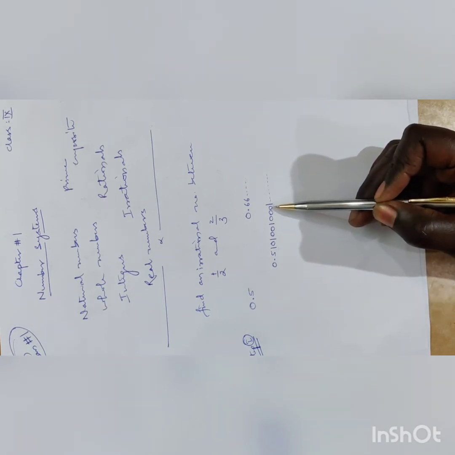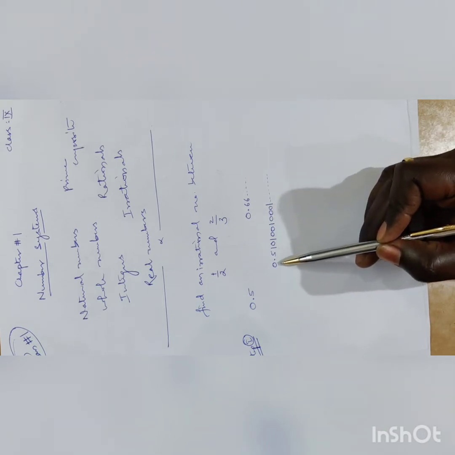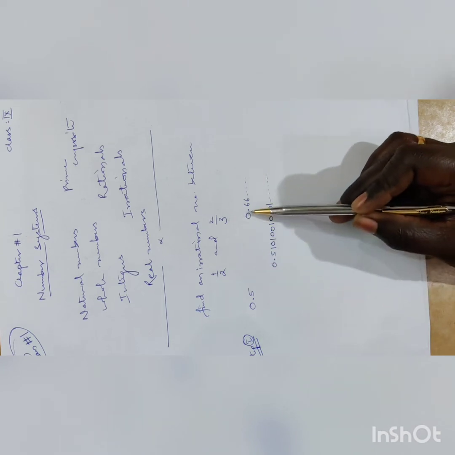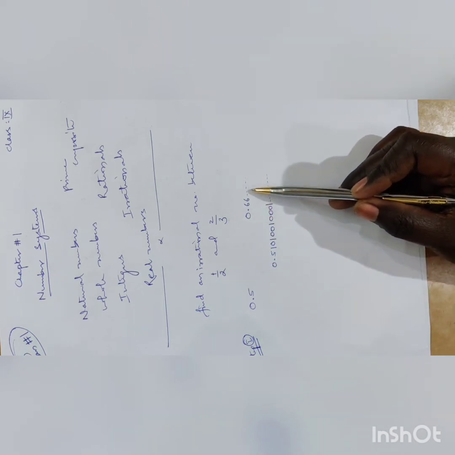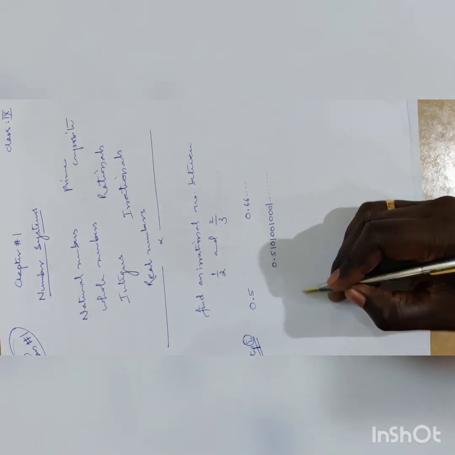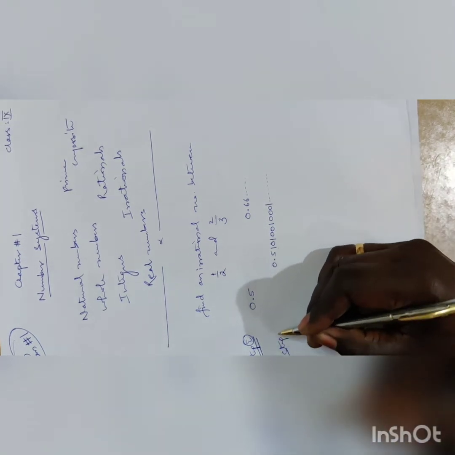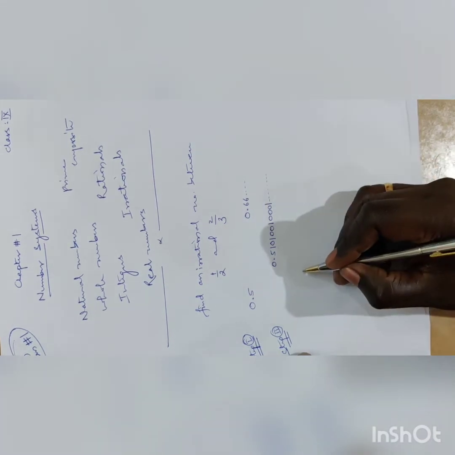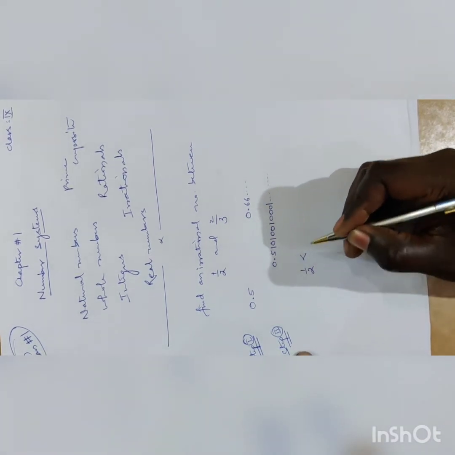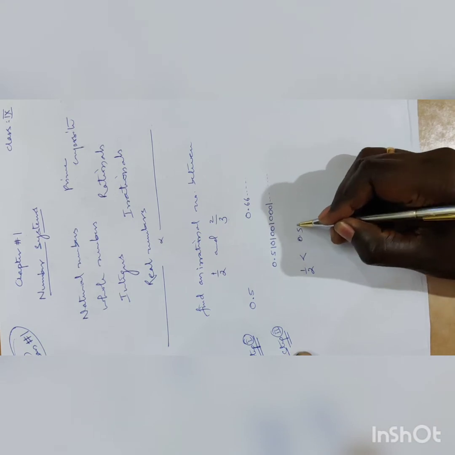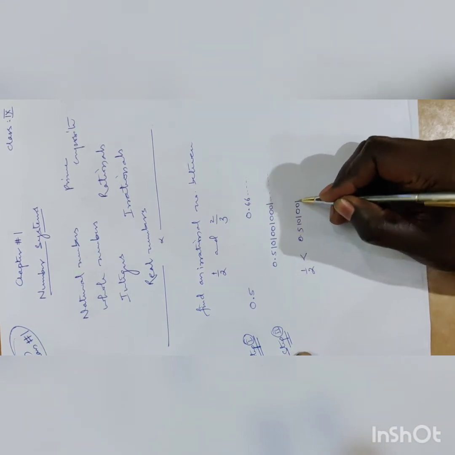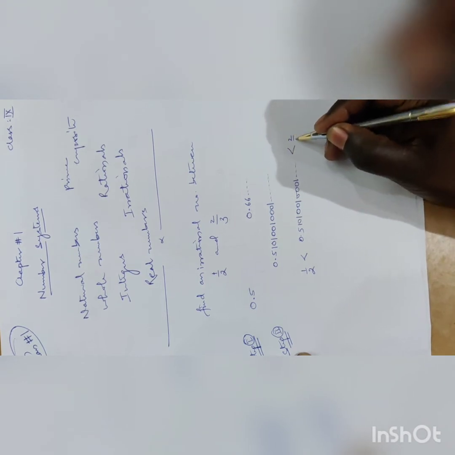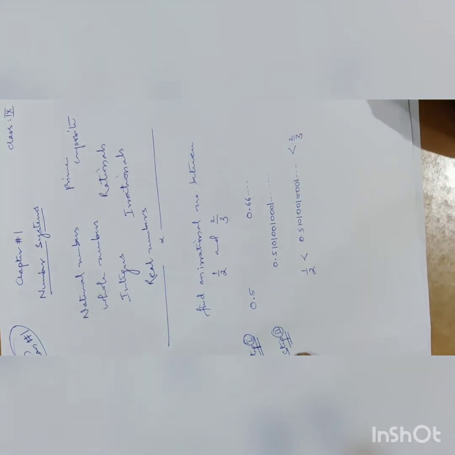So in short, I have created an irrational number which lies between 0.5 and 0.66 bar. That is, this is the number. This is step 2, attaching a pattern. So I got an irrational number between 1/2 and 2/3. I hope it is clear.